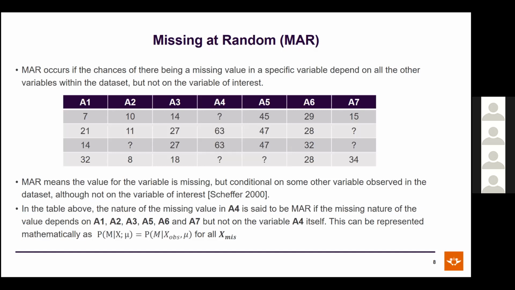So it's very closely aligned to missing completely at random. And we can see that from the probability function written, where the probability of the missing value depends on the observed input values for all the missing data.